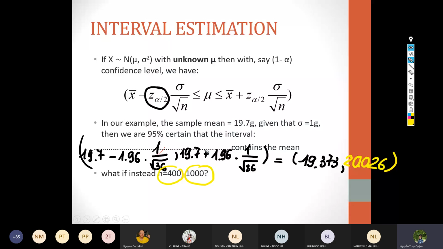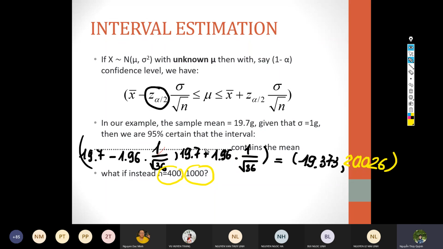And is this better for our estimation? Yes, of course. We will get closer to the exact value of the unknown parameter that we care about.